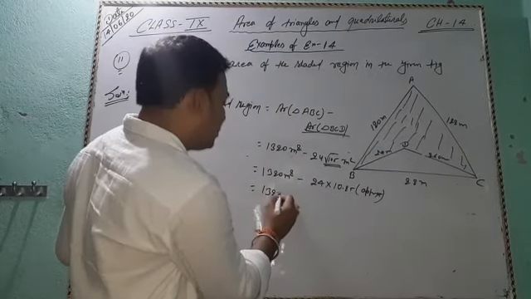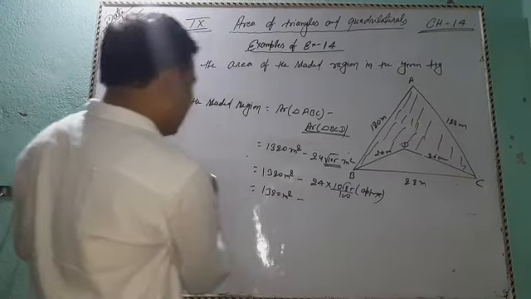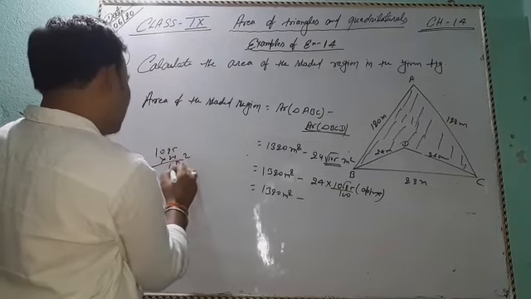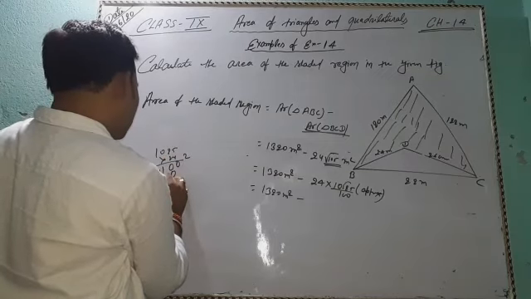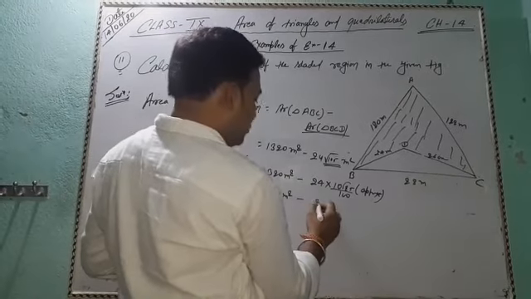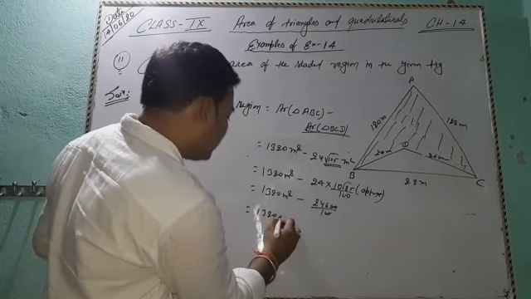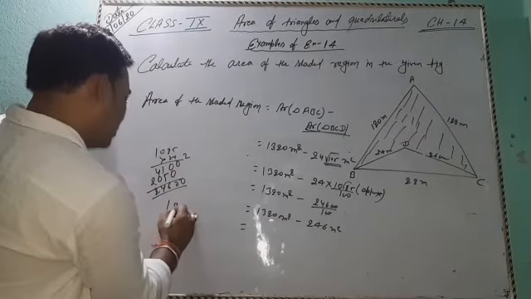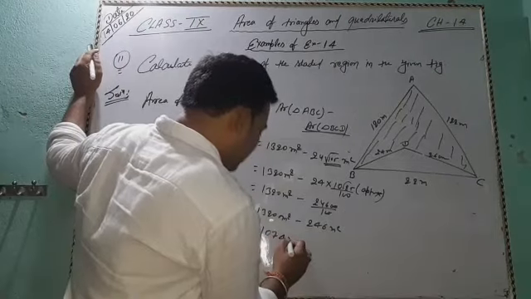So 1320 meter square minus 24 multiply 10.25, which is 246, per 100. So 1320 meter square minus 246 meter square equal to 1320 minus 246 equal to 1074 meter square.